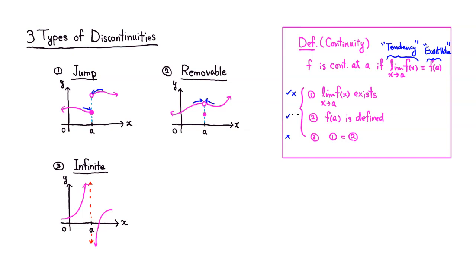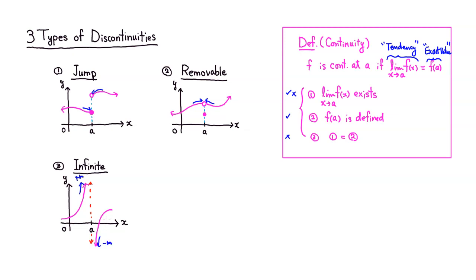And the third type is called the infinite discontinuity. This is kind of an obvious one. When you have a vertical asymptote, the limit from either the left or right, it doesn't matter, goes to either positive infinity, shooting up, or it could shoot down to negative infinity.